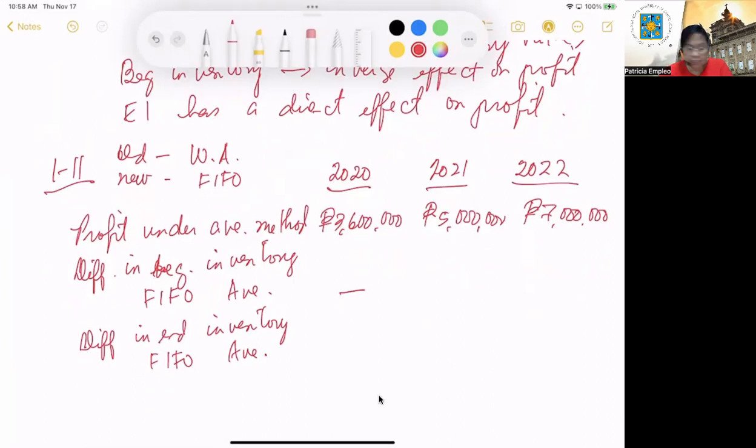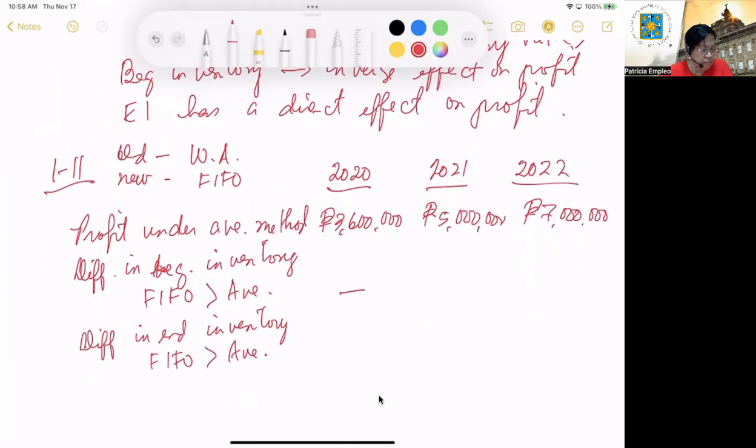Whereas the difference in ending inventory, so that is at the end of 2020, under the average basis, that's 1,200,000, but under the FIFO basis, that's 1,240,000. And please take note that the FIFO basis inventory is consistently higher than the average basis. So this one is higher, this one is higher.